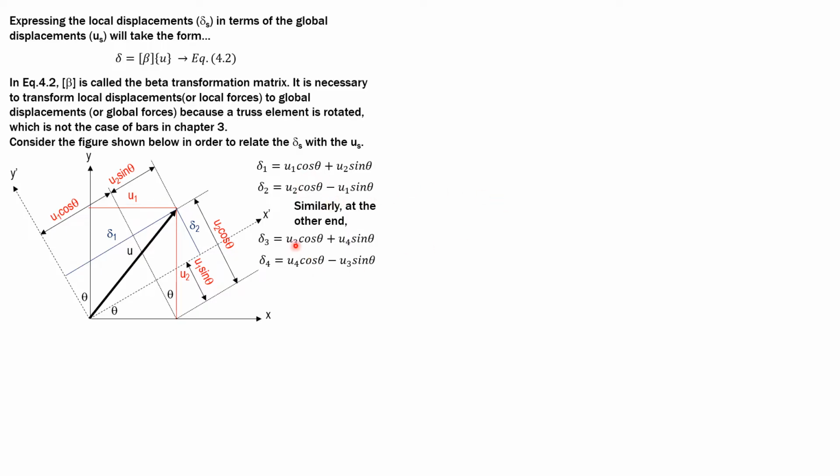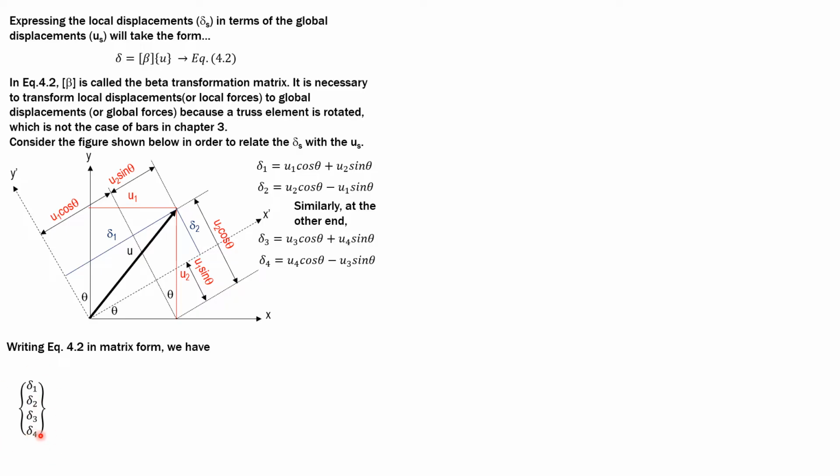Row 3 is 0, 0, cosine theta, sine theta. Row 4 is 0, 0, negative sine theta, cosine theta. This is then multiplied by the global displacement matrix, which is U1, U2, U3, U4. So again, this is now the result.